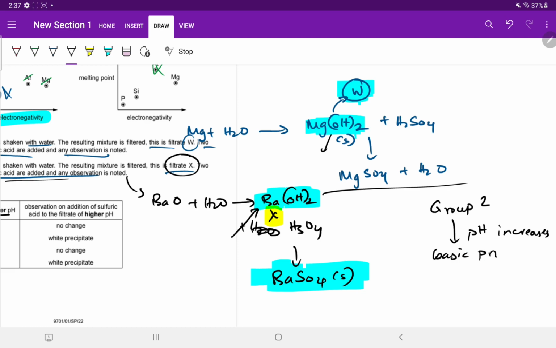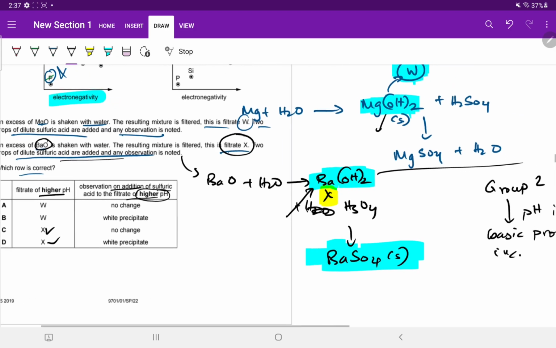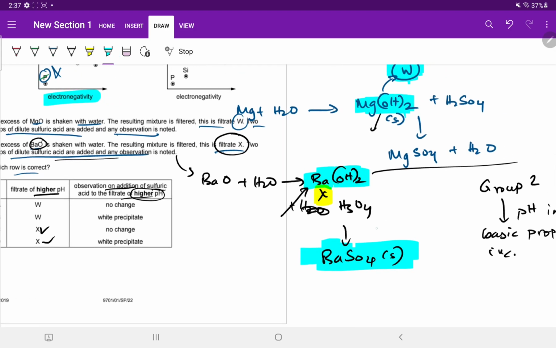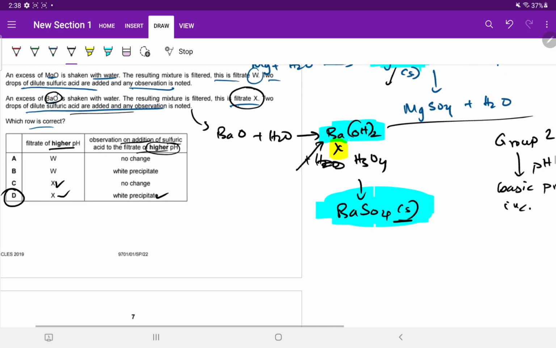So basic property shall increase, so obviously X shall have the higher pH. So that's for the first choice. Then it says observation on addition of sulfuric acid to the filtrate with higher pH. So that means barium sulfate is produced, which is, as we know, a solid, so it shall be a white precipitate, which gives us option D.